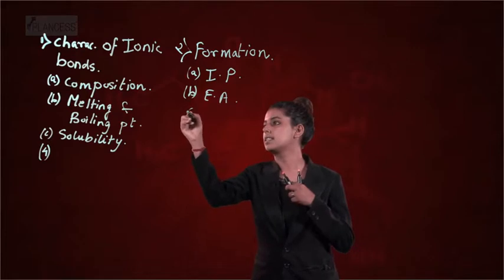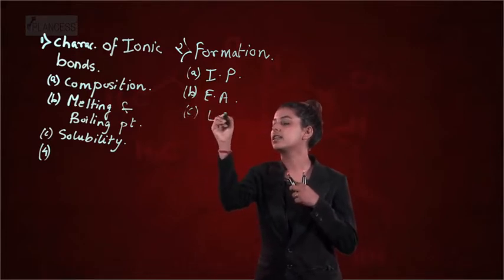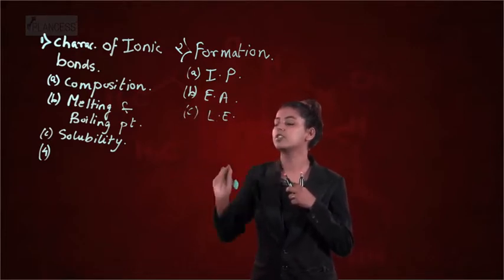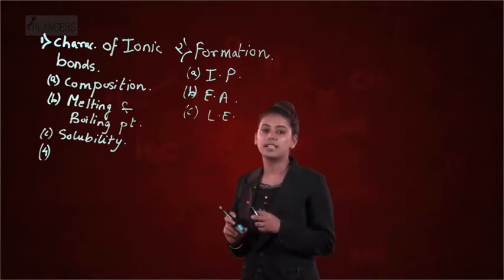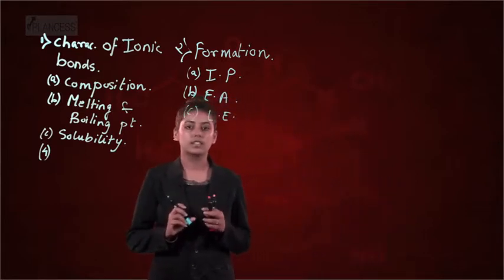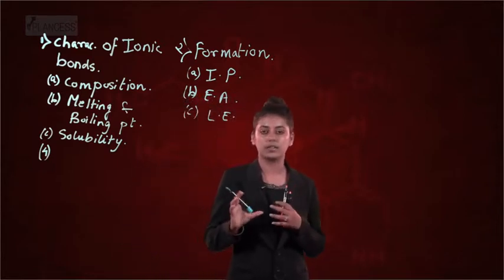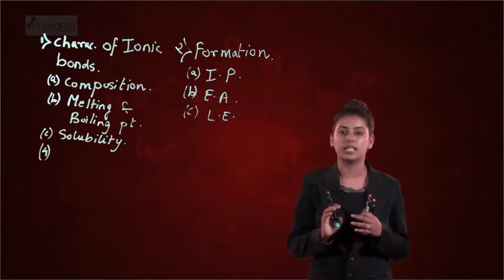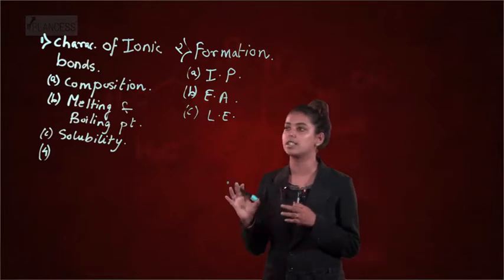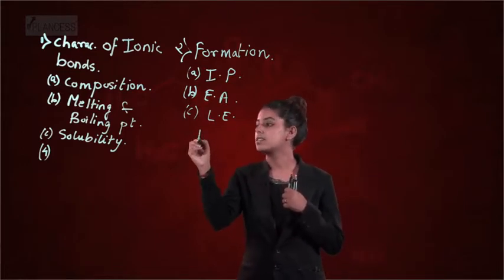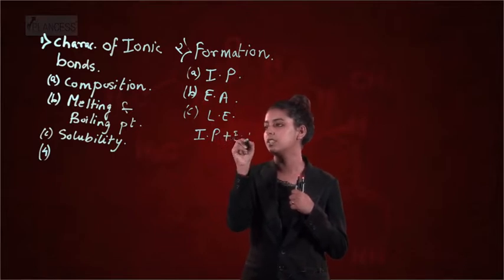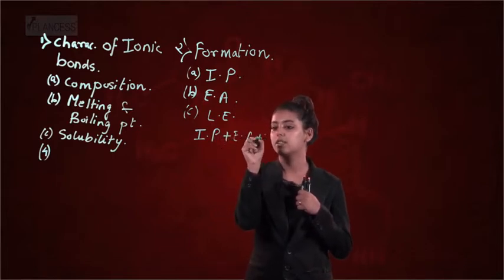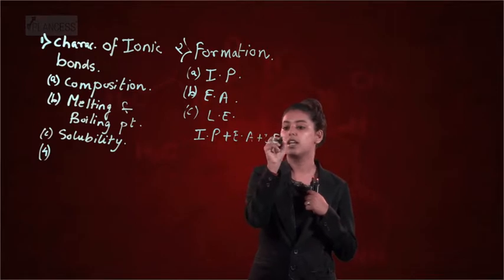And lastly, it is the lattice energy. The lattice energy is the amount of energy released when the ions combine to form a crystal. The lattice energy should be high. This is because when both the atoms, positive and negative, are combining, the energy released is called lattice energy. The summation of ionization potential plus electron affinity and lattice energy should be negative.